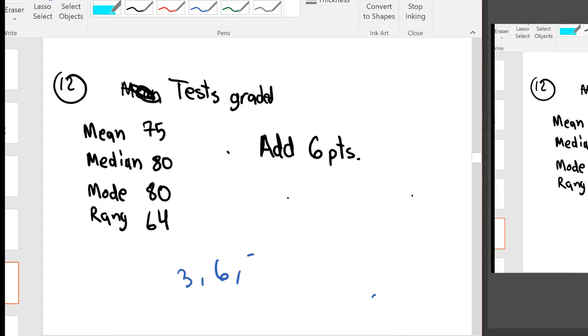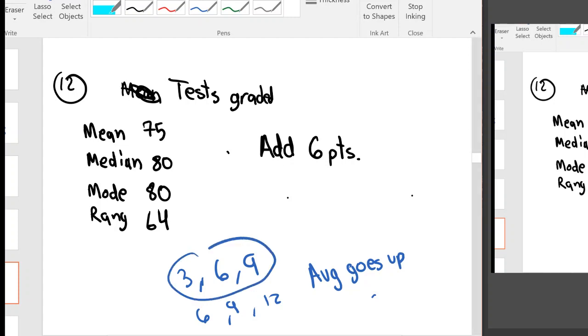If I have 3, 6, and 9, and I increase each by 3, this becomes 6, 9, and 12. Isn't the mean going to change? The average is going to go up, because it's just simple logic. If I add these 3 together and divide by 3, and I add these 3 together and divide by 3, the second one's going to be greater. So it's not the mean.